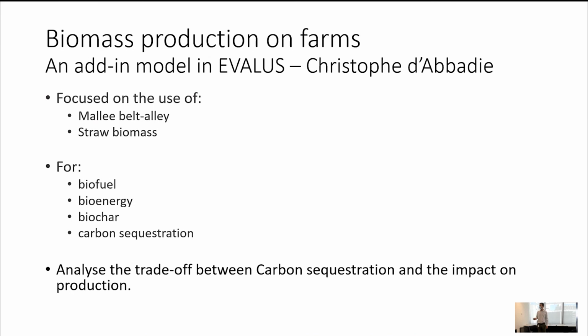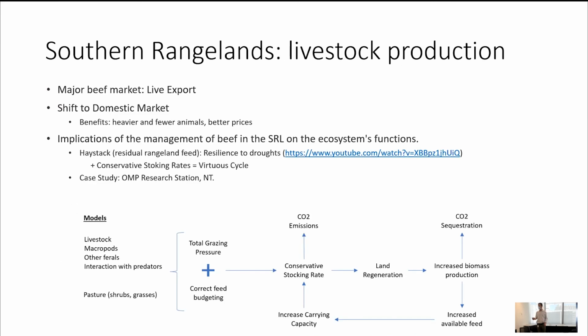The second part is trying to model the southern rangelands as a pastoral station as a whole. The idea is that we have been seeing a shift in the market from live export to domestic markets. This has a change in the herd structures, and I have also analyzed the implication of using haystack.